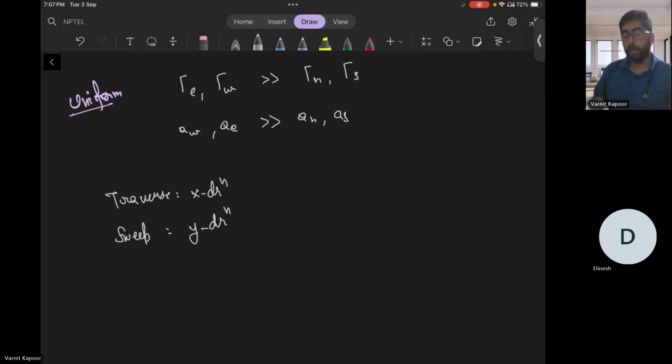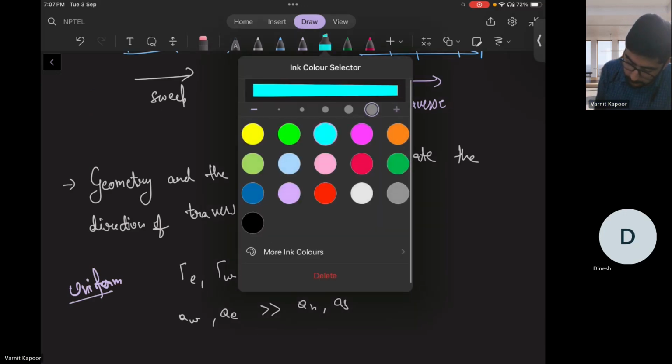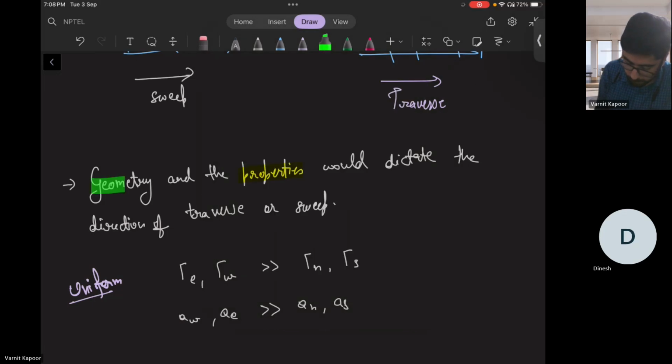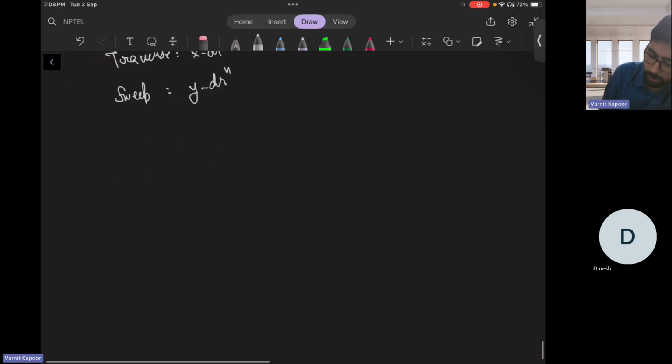Now, how will the geometry affect this? Interesting. Suppose the aspect ratio is quite different. It's not a uniform grid where X and Y have the same dimensions.